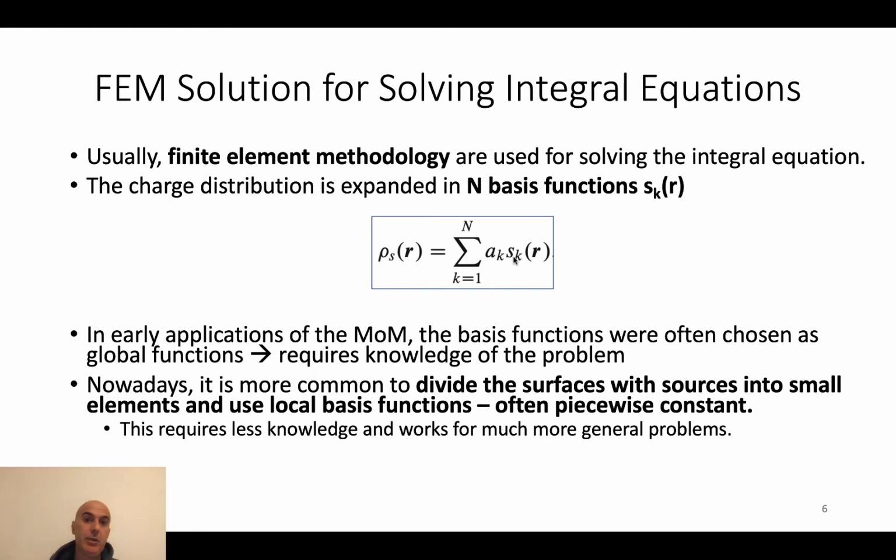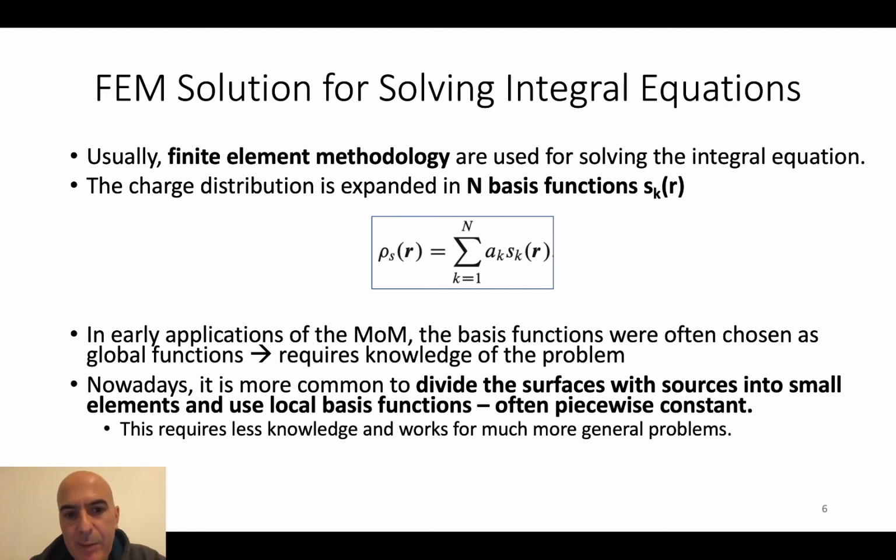So we can use either linear basis or piecewise constant basis, or a hat function, in this case s_k. And then the problem of the method of moments will be to find this a_k. What are the amplitudes of these bases to represent our solution?